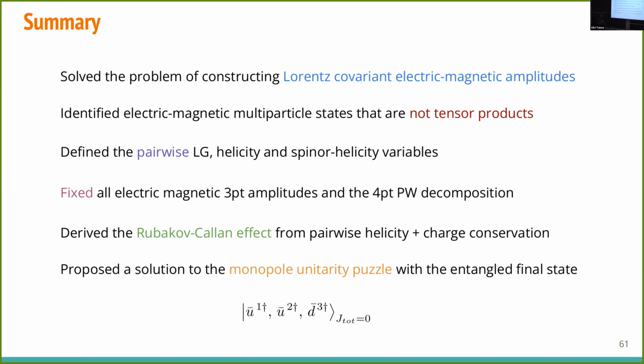And we used it to fix all 3-point amplitudes for dyons and charges and monopoles. We also derived the Rubakov-Callan effect from pairwise helicity because there's only one allowed final state at the lowest partial wave, and the one that I kind of knew I won't get to is the proposed solution to what's called the monopole unitarity puzzle, and you're welcome to ask me about it.